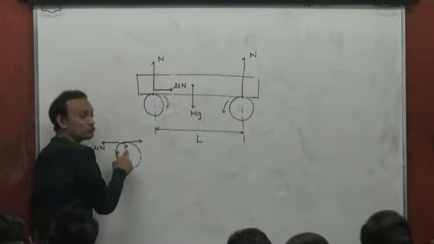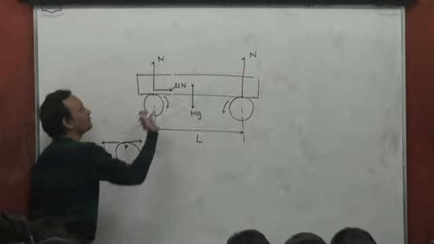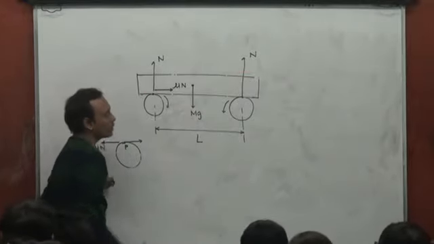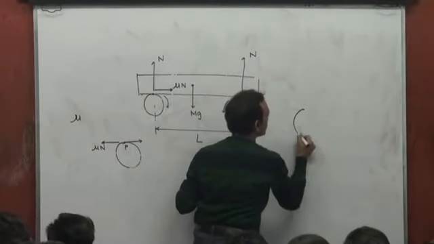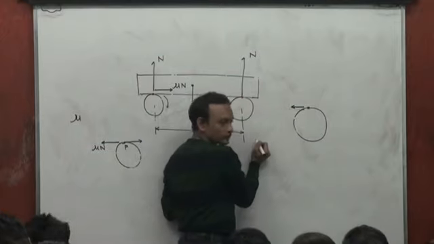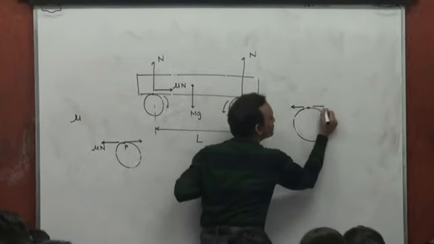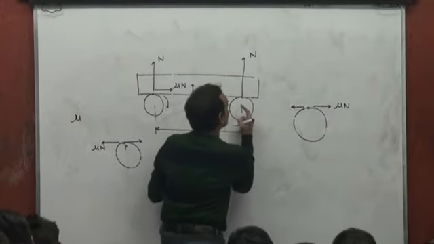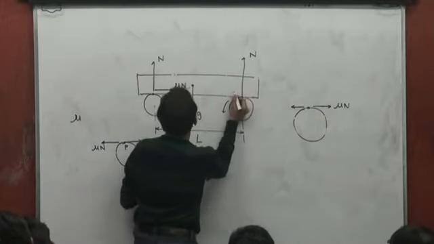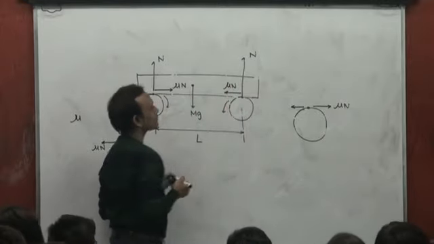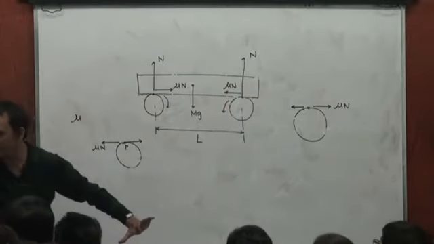Because if the frictional force on the roller is leftwards, the roller will exert on the platform a rightward frictional force, yes or no? On this roller, the velocity of the topmost point is leftwards. So frictional force mu times N would act to the right on the roller, so the roller would exert on the platform a mu times N to the left. Everything will cancel off, right?